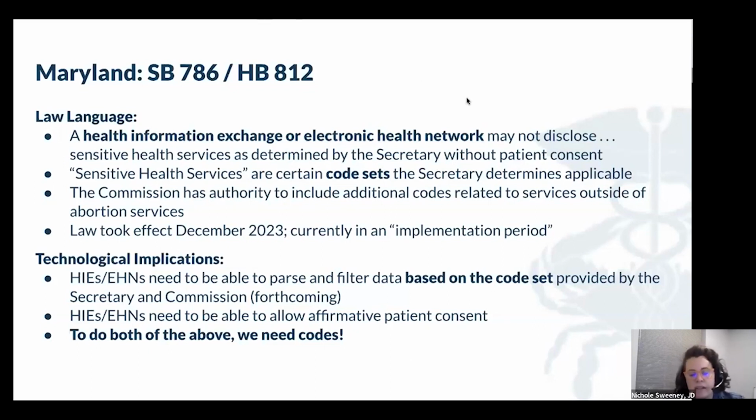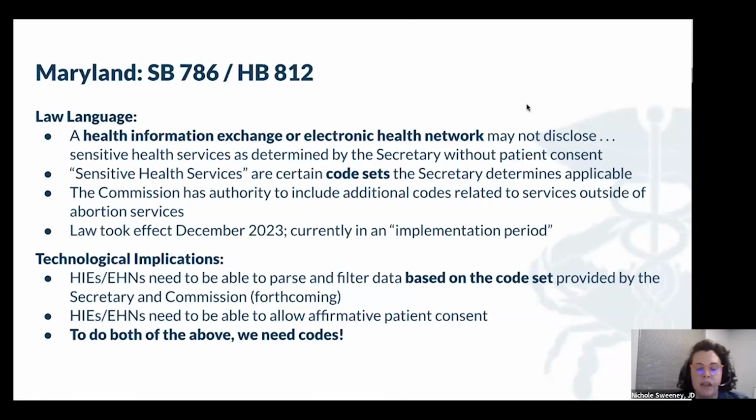So with that in mind, what the legislature proposed was that HIEs, who in the state of Maryland include EHRs and EMRs, so there are 16, including CRISP, registered HIEs within the state of Maryland, that HIEs would be the ones that would have to stop the codes before they go somewhere else.